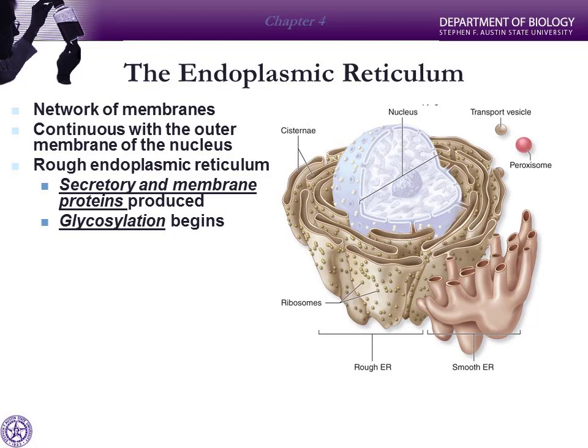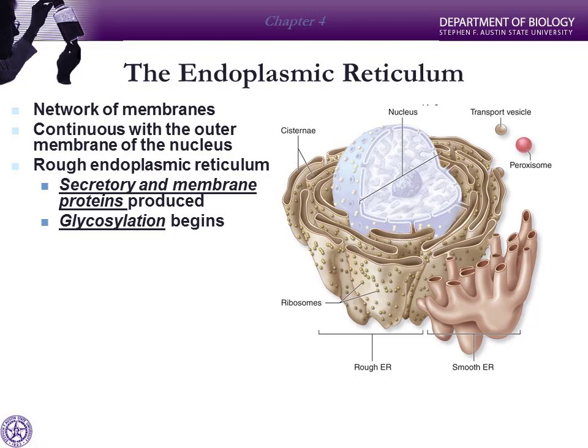Now, in the ER, I'm going to say ER a lot because that's just easier to say than endoplasmic reticulum. In the ER, understand we have two different types. And they're illustrated on the screen. One has got all these little pimples all over it, all these little dots, these little bumps. That makes the surface look rough.